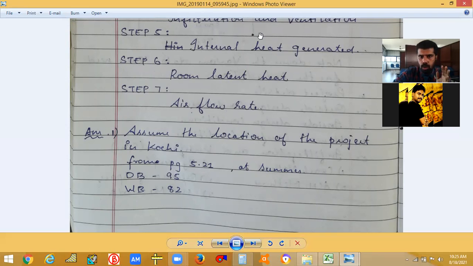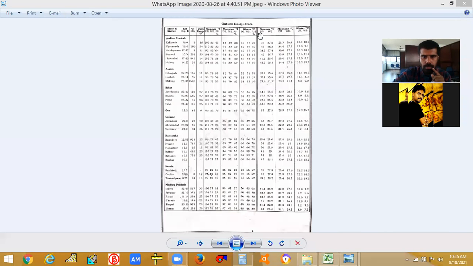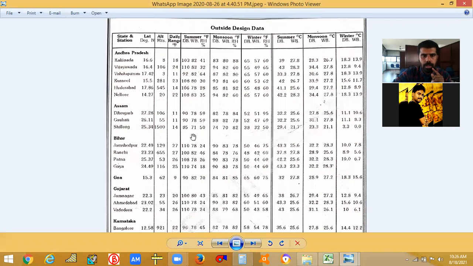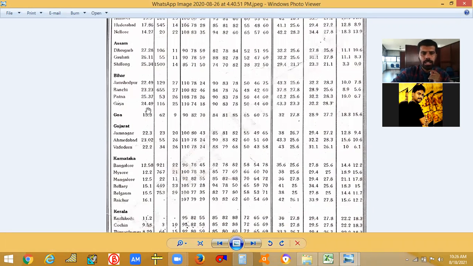If you want, I will show you once more. So you can see here, in summer condition, the state that I have chosen is in India.